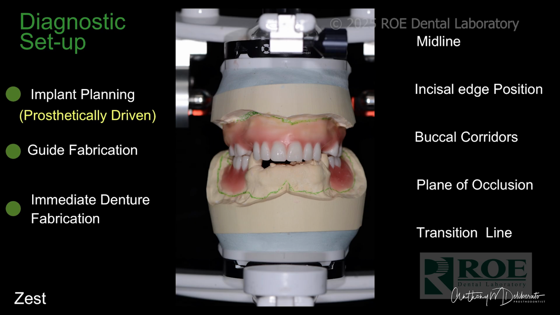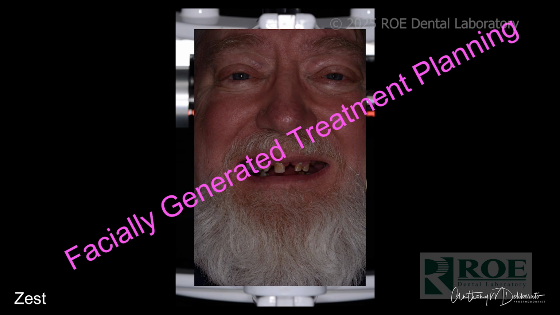It's going to be prosthetically driven because we've given the lab the information as to what the vertical dimension is and where the teeth are going to be. We can fabricate our guides off of that lower model, and we can also make an immediate denture. And again, all this is based on looking at pictures, helping us determine where those teeth should be in regards to his face.